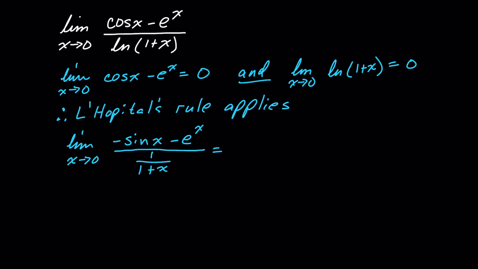So substituting 0 in here, you're going to get sine of 0, which is 0, leaving you with negative e to the 0, and that's going to be negative 1. All right, in your denominator, when you plug 0 in here, you're going to get 1 over 1, which is 1, which means negative 1 is your answer.